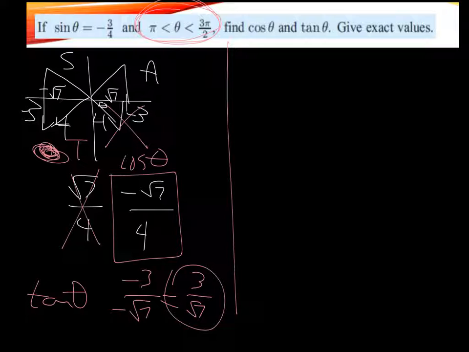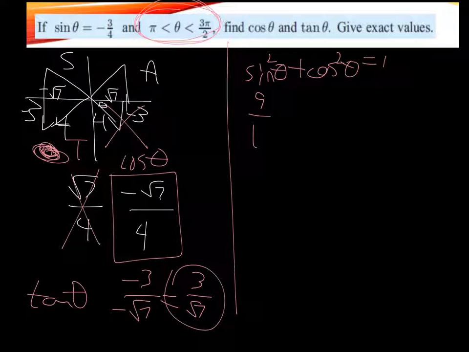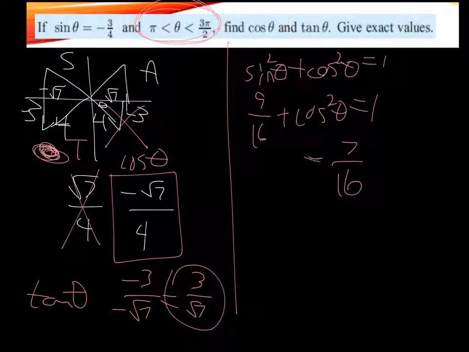If you didn't want to use the bow tie method, we can still use the same method as before. The problem is a little trickier though. So we do sine squared plus cosine squared equals 1. In this case, sine squared is going to be 9 over 16 plus cosine squared equals 1. Subtract, we end up with 7 over 16 equals cosine squared.